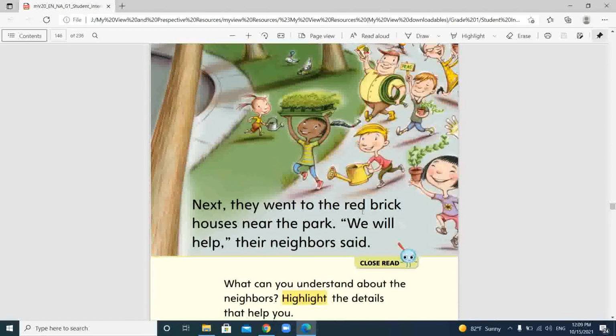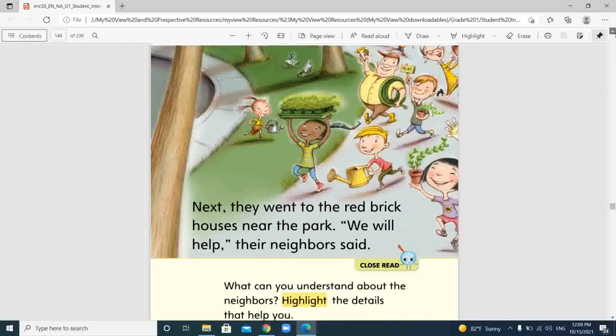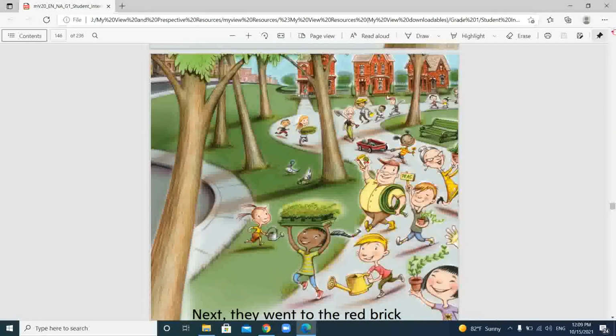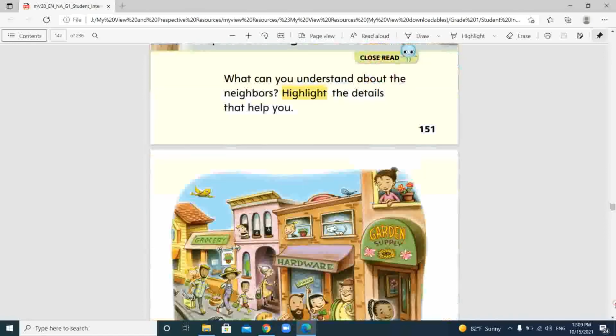So the author used the word red to describe the houses. And if you look in the picture, you see that the houses are red and made out of brick. Okay, so now the neighbors in the tall building and in the red brick houses all agreed to help. They were all bringing stuff so they can start planting.